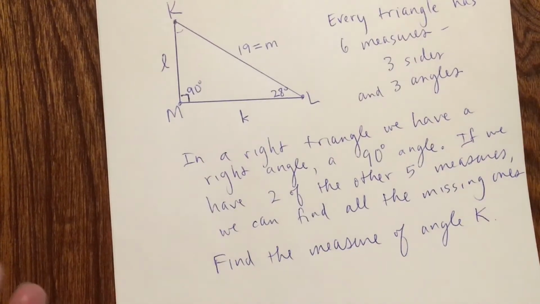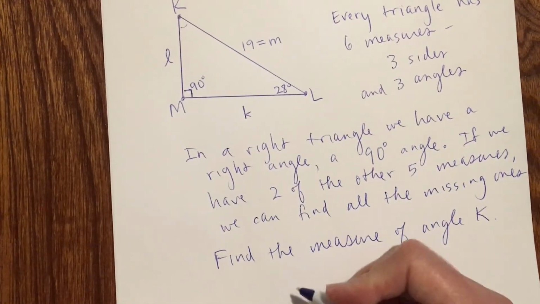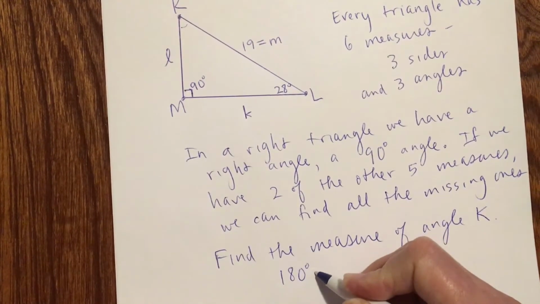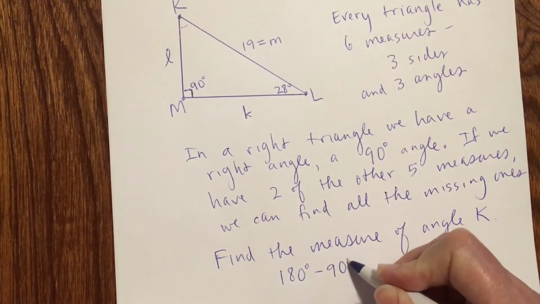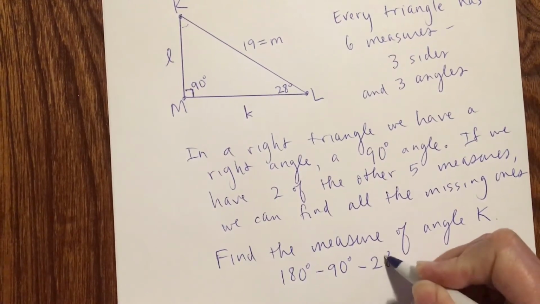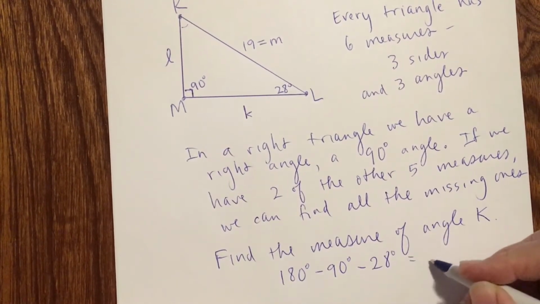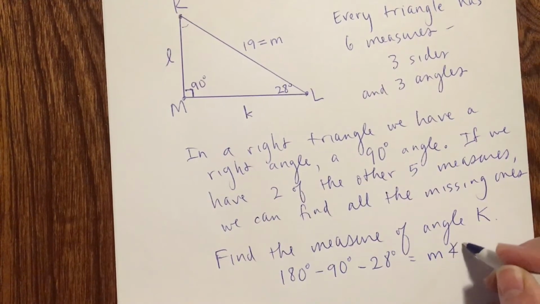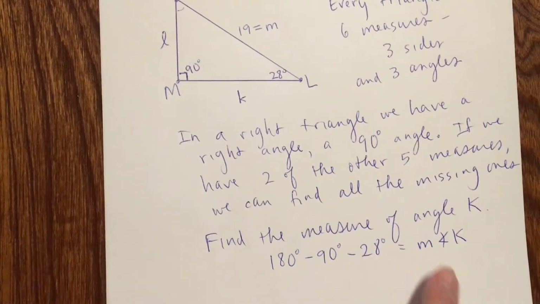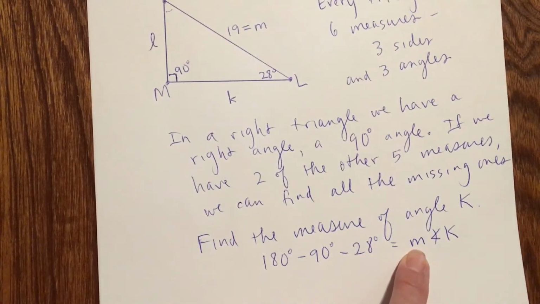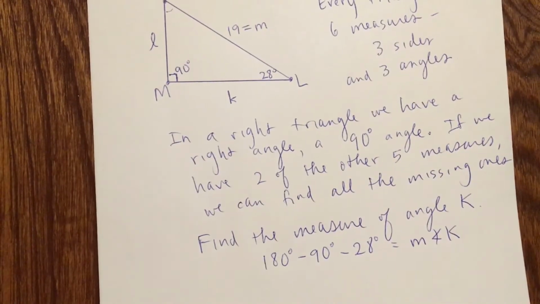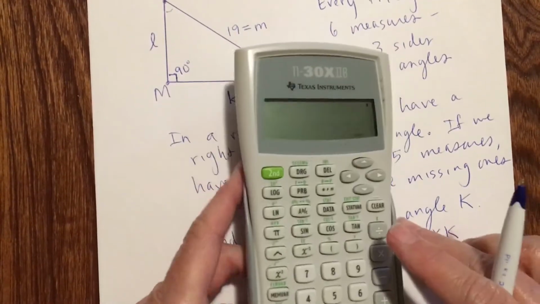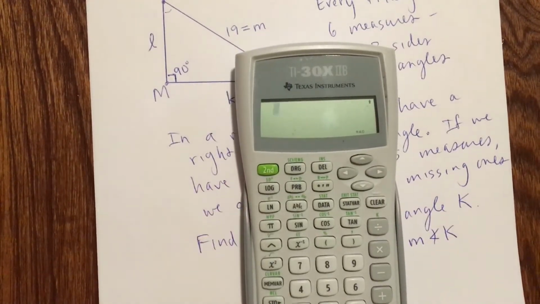So 180 degrees minus 90 degrees minus 28 degrees equals the measure of angle K. I put the little m there for measure. I'm going to use my calculator and do the subtraction.